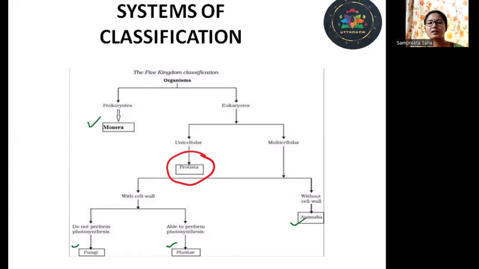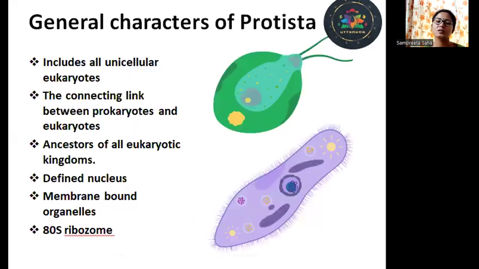On the left hand side it has the group of prokaryotes, and on the right hand side the groups of the eukaryotes. So we can easily say that it is a connecting link between the unicellular prokaryotes and the advanced eukaryotes. So let us see a few general characteristics of Protista.